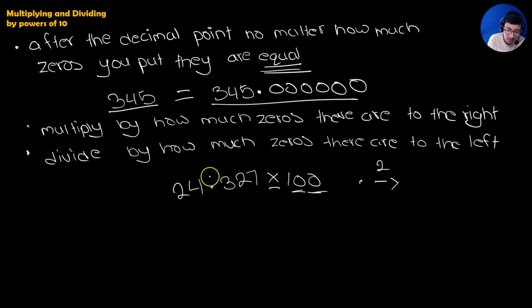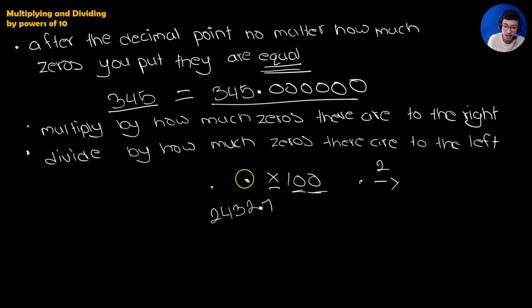So let's move it. 1, 2, so our decimal point goes here. So our answer would be 2432.27 when we times it by 100.